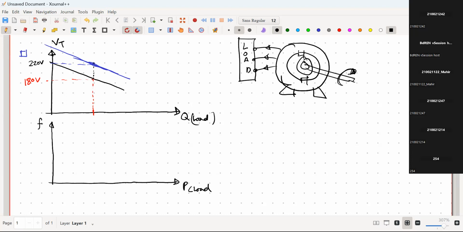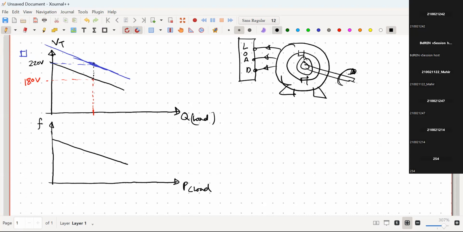If the rotor speed is less than synchronous speed, the supply frequency will also decrease. So if I increase any type of load, eventually the supply frequency will decrease, and this will have a curve like this. So this is the case.